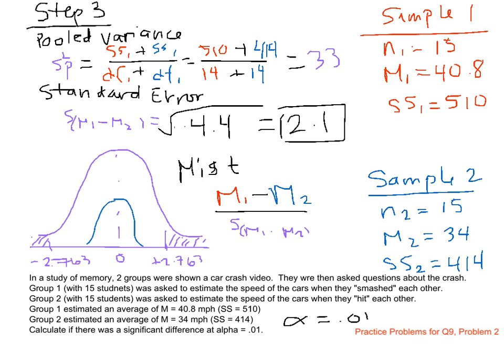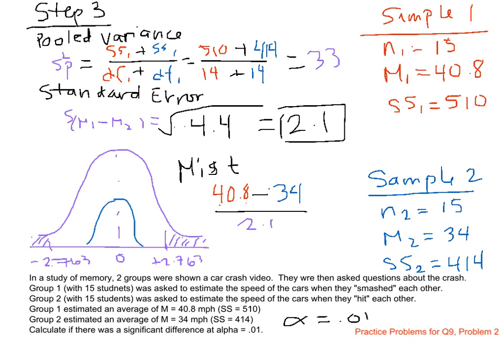The last thing I'm going to do is calculate M1's t, and the equation for that is M1 minus M2 over the standard error of M1 minus M2. And now I'm going to substitute in M1 with 40.8, and I'm going to substitute M2 with 34. And finally, I'm going to substitute in my standard error with 2.1.